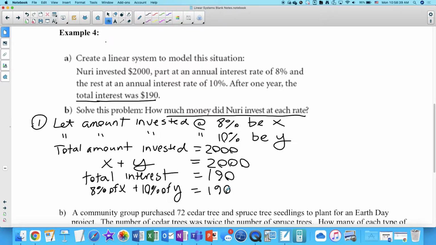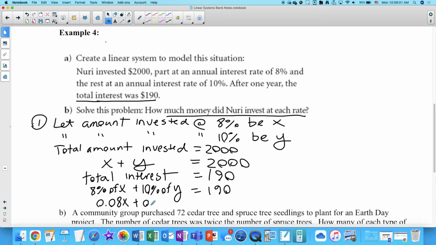Now, we're almost there, but this is quite wordy. We need this to be a mathematical statement at the end of the day. Would you convert it to 0.08 of x and then 0.1 y? Exactly.